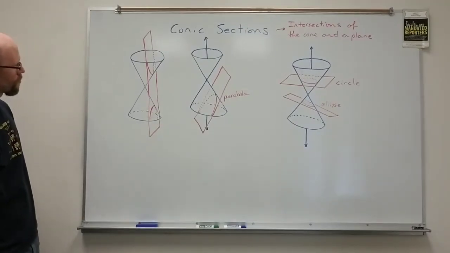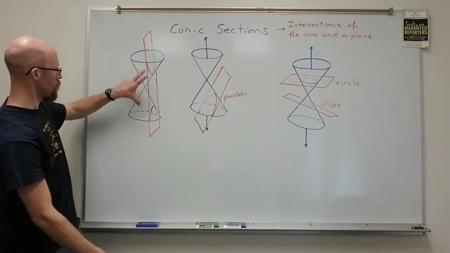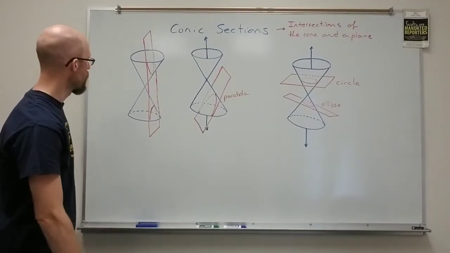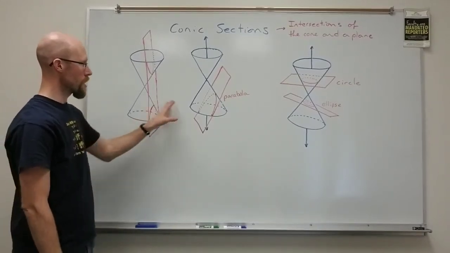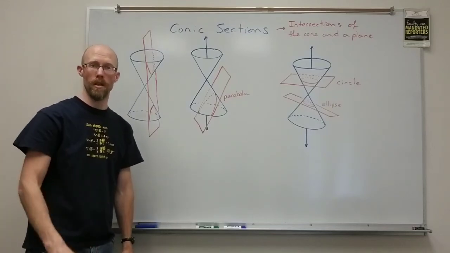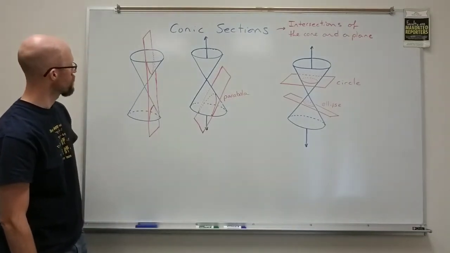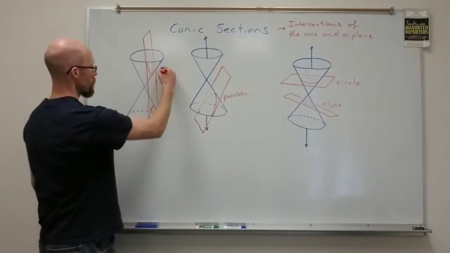Where that's going to go through. And so you have two parts to a hyperbola. There are lots of features to each of these different shapes, these different conic sections that we'll talk about in the upcoming sections of the text. But just so you kind of have an idea, this one's called a hyperbola.